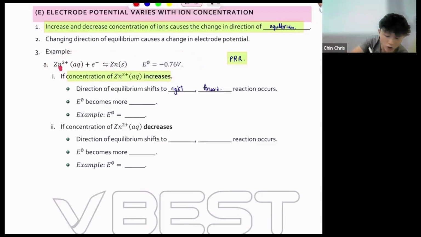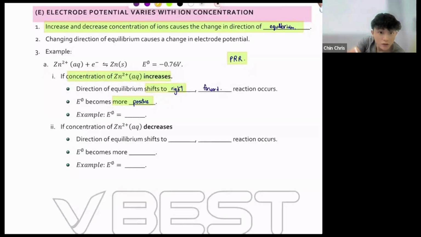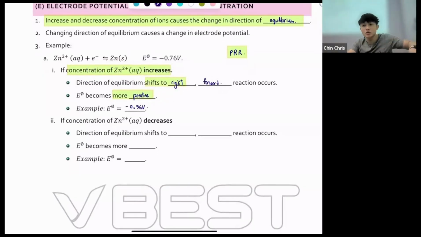So this AS, increased concentration of Zn2+, shifts the direction to the right. According to PRR, when the direction shifts to the right, the value becomes more positive. Am I right? Because when it shifts to the right, it's always more positive. Clear? So the E naught is negative, maybe 0.56 maybe. Get me? Understand, right? So remember, guys, the rule of thumb is PRR.